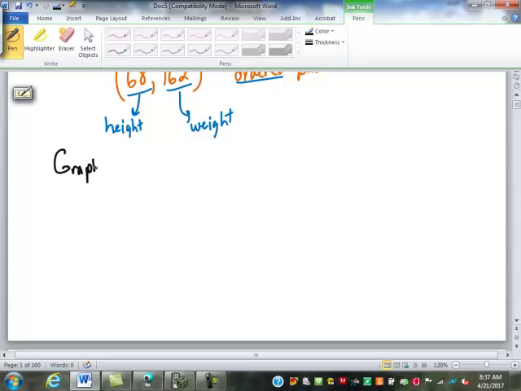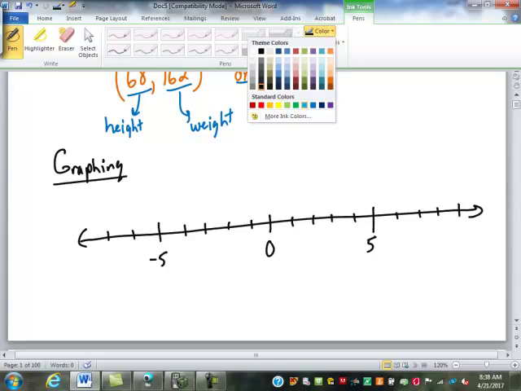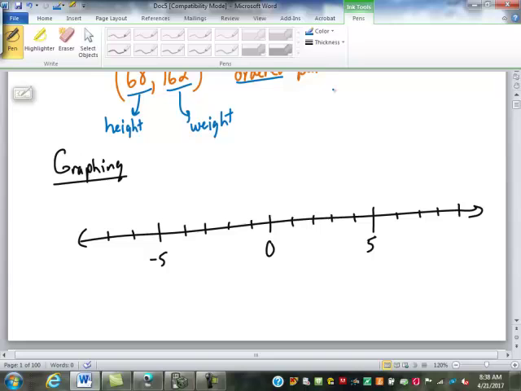And we have looked a little bit at graphing numbers, representing numbers. Back in the first weeks of the class, we talked about the number line. When we were working with integers, positive and negative numbers, we used the number line to represent a number.